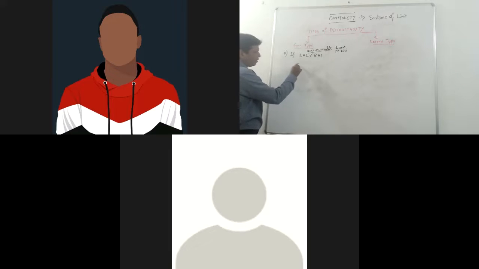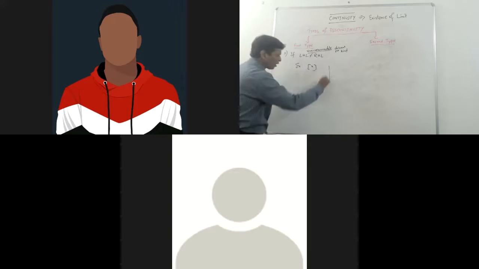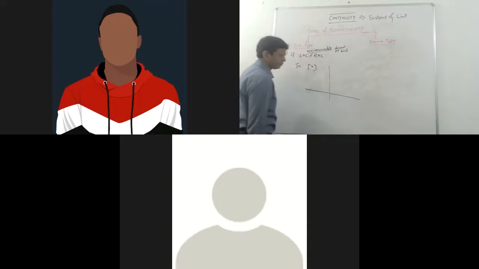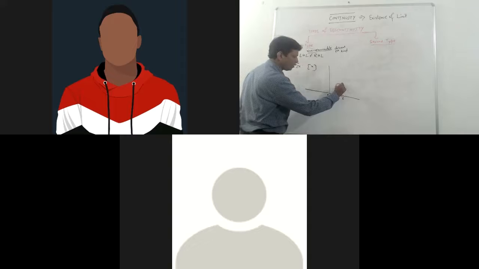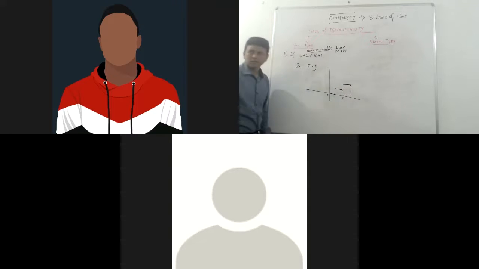Suppose, for example, the box function. You know the graph for the box function, from 0 to 1, and so on. Step function.